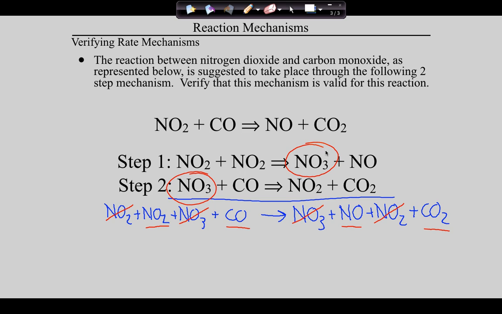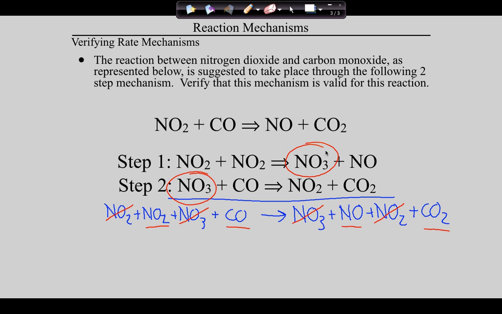So guys, notice that NO3 is created here, and it is consumed there, and it is not in the balanced equation. That's an intermediate. You would never know from looking at the balanced equation that NO3 is being created and consumed, because it's happening behind the scenes. It doesn't go in, it doesn't come out. It's an intermediate. Is that okay?